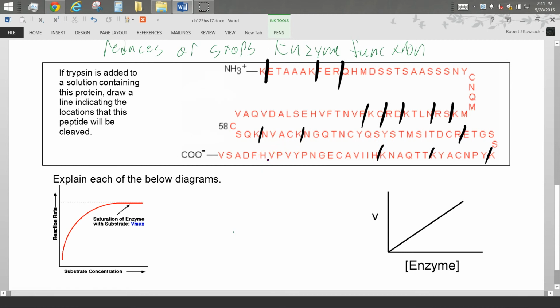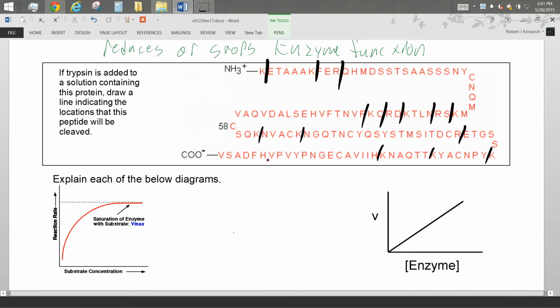Did I miss any? Are we okay with how I drew it on one side and then swapped it to the other side when it flipped around? Okay.